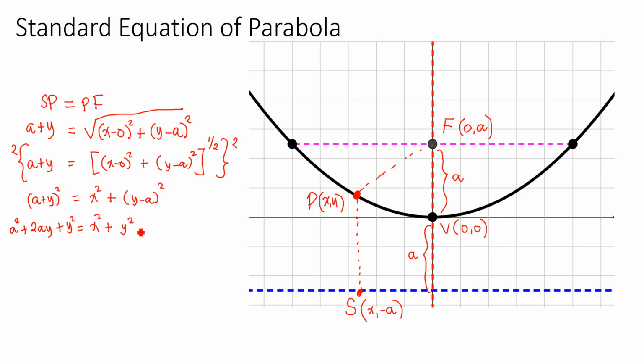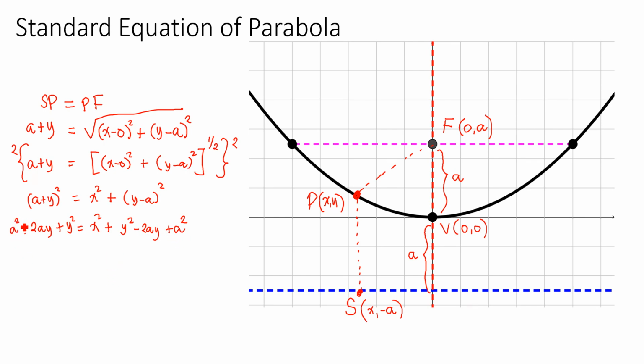Since it is minus here, we have minus 2 times a times y, minus 2ay, plus a squared. Now in this case, the right side and the left side have the same quantities.